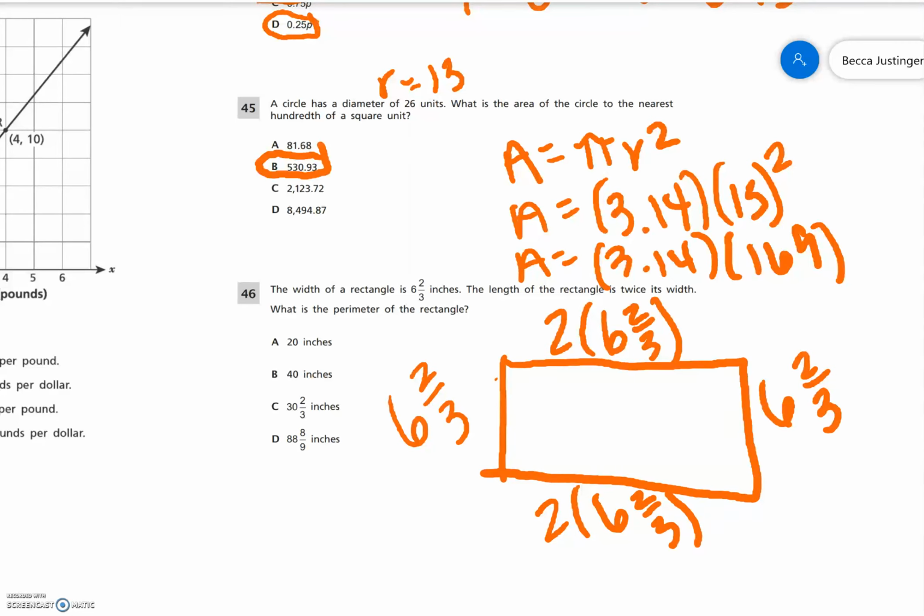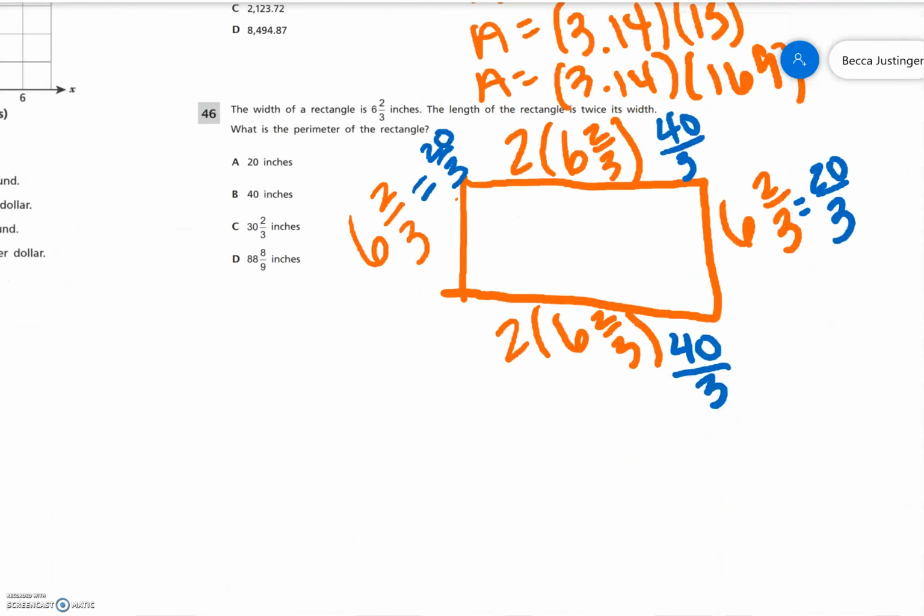To make this easiest, I'm going to turn them all into improper fractions. So 6 2/3, 6 times 3 is 18, plus 2 is 20 over 3. This is 20 over 3. So 20 over 3 times 2, these are 40 over 3.